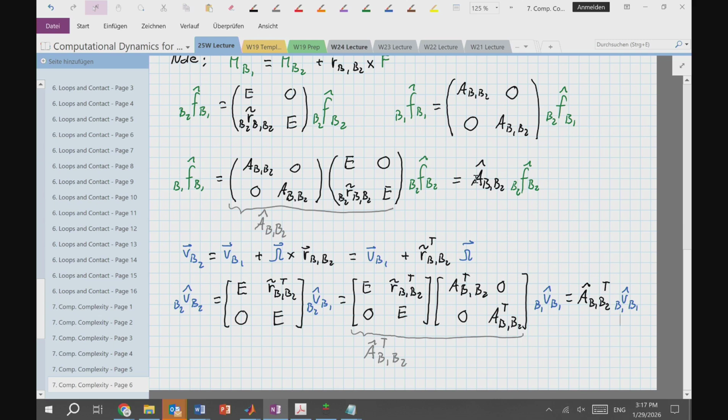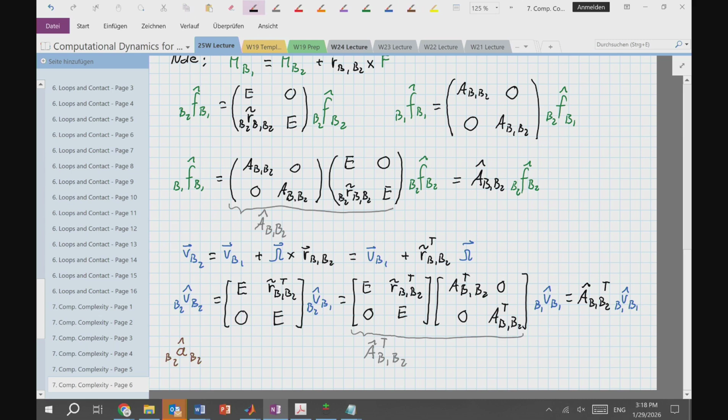Again, this is very close to a Jacobian, so we shouldn't be surprised, right? In the past, we would have called this a Jacobian. But here, I think of this as a coordinate transformation and a change of reference point. For accelerations, and I do this without proof, something similar holds.